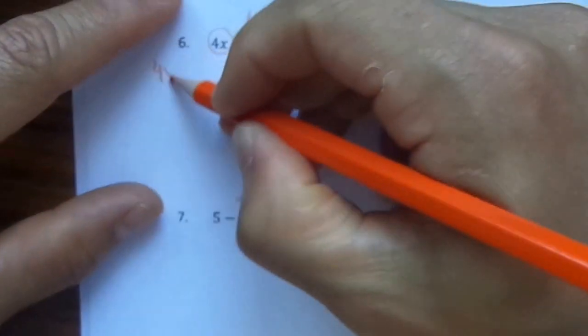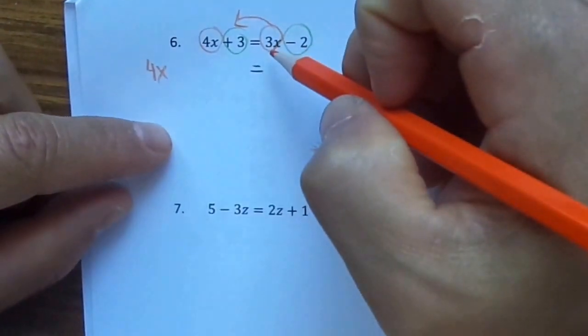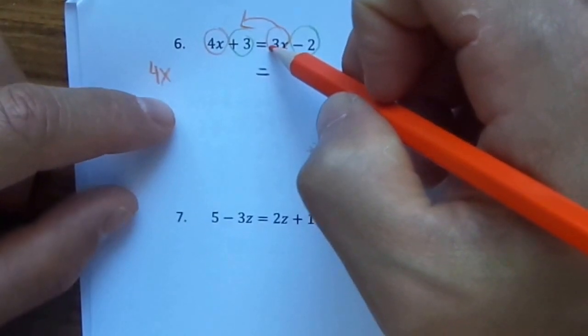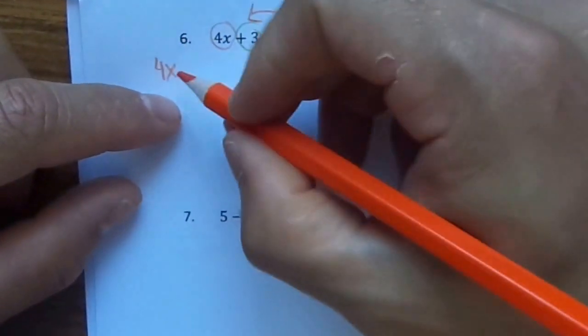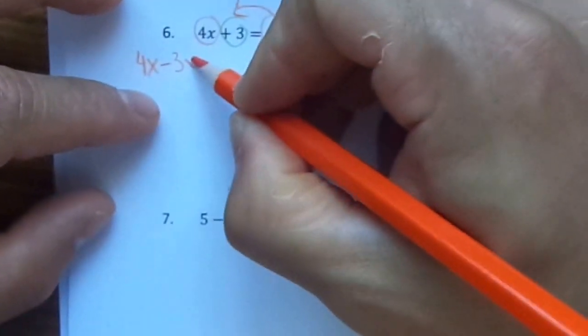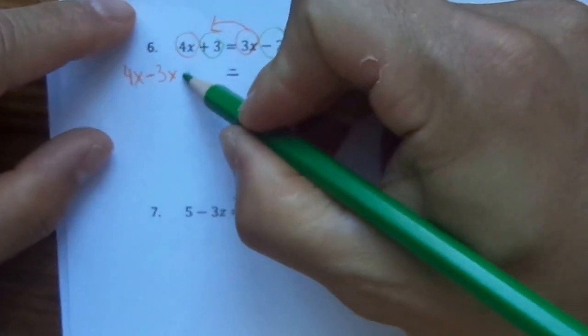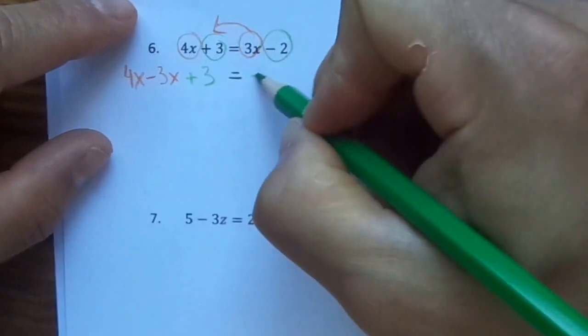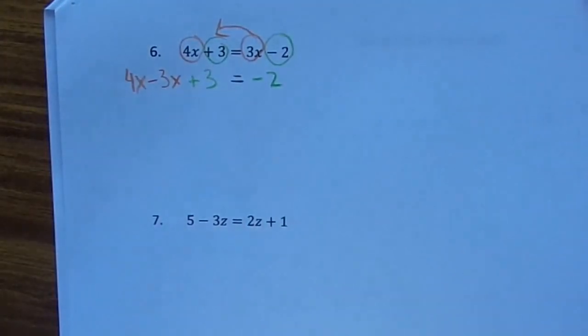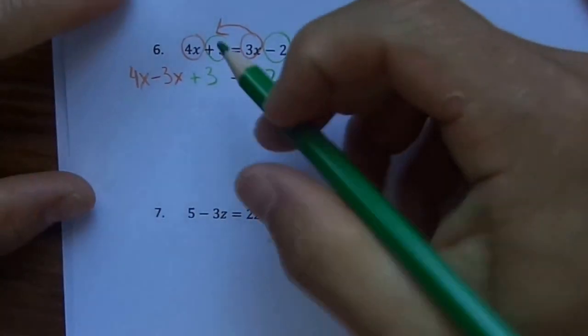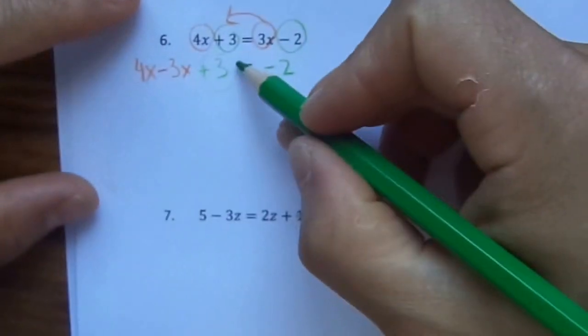So, color coding again. Now we have 4x on this side. Because it's 3x, there's no sign in front, we can assume it's a positive. And if we move it over, it becomes a minus 3x. And then the plus 3 hasn't gone anywhere, has it? It stays. And the minus 2. So that's what we have so far. Now, let's group the numbers together.